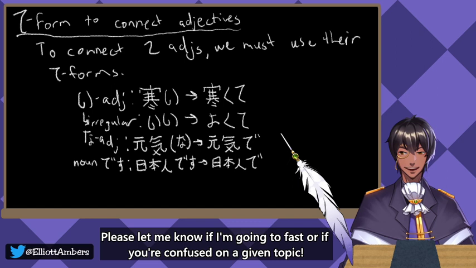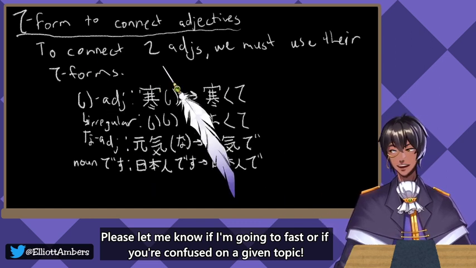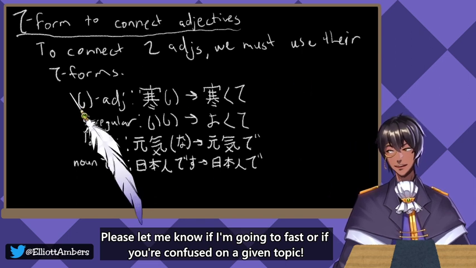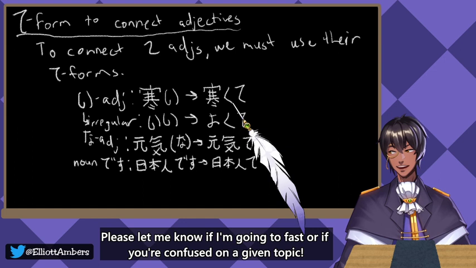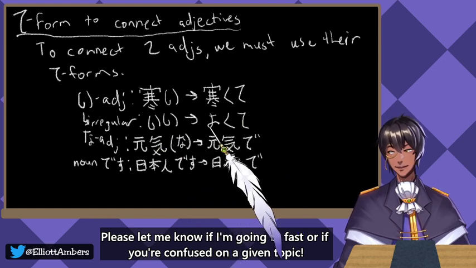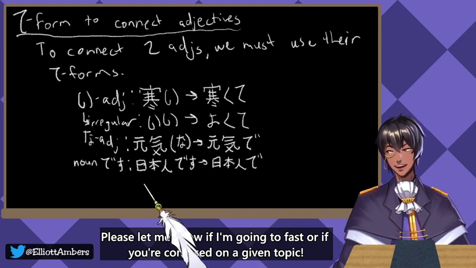Then there was te form to connect adjectives. If we want to connect two adjectives, we need to use their te form. We convert them. Samui turns into samukute, ii turns into yokute, genki na turns to genki de, and nihonjin desu turns into nihonjin de.